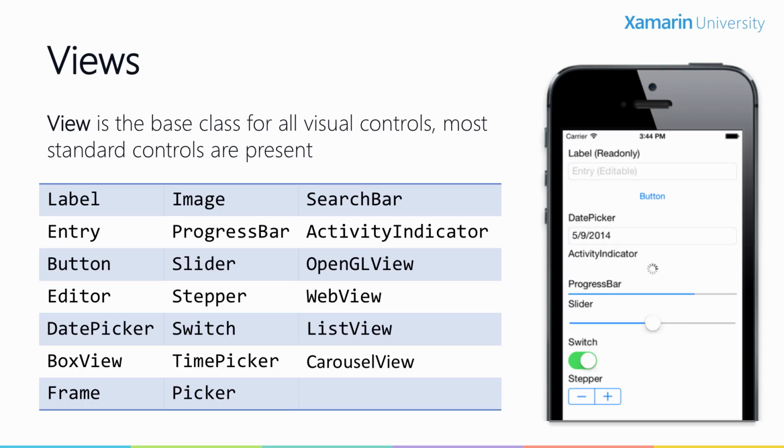If we look at the entry, for instance, which is an edit field, it's not that it just looks like a native iOS control. No, it is one. It really is a UI text field, just like the button is a UI button that you see here. So here we have simple controls like labels, images, entries, buttons, but also more complex ones like list views, which is not shown here.